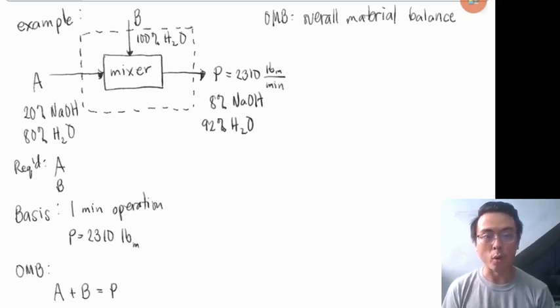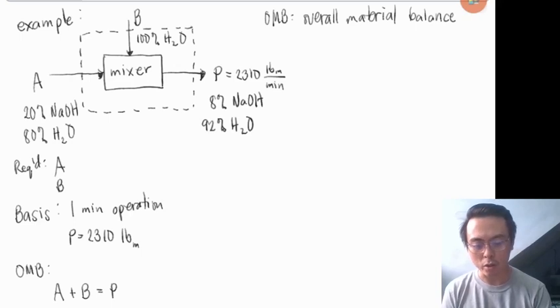Okay? Now that we have our OMB, the next step is to perform the balances of each component. Or before that, if you take a look at our overall material balance, the variables A and B still do not have any value because those are our required unknowns, while the variable P already has a value, and that is 2310.